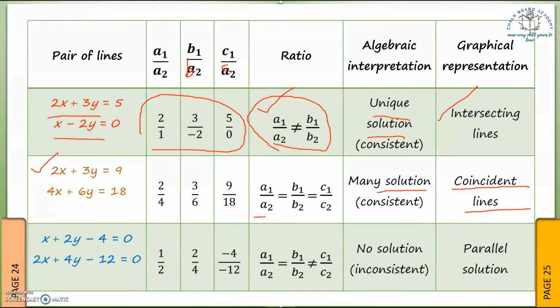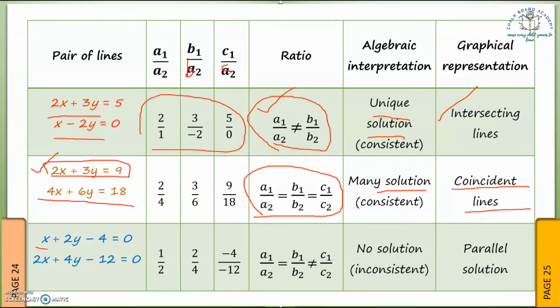So a1 by a2 is equal to b1 by b2 is equal to c1 by c2. We can also see that in the first equation, 2 is multiplied and we get the second equation. So the whole equation is always a multiple of the other equation. So these equations are coinciding and have many solutions.